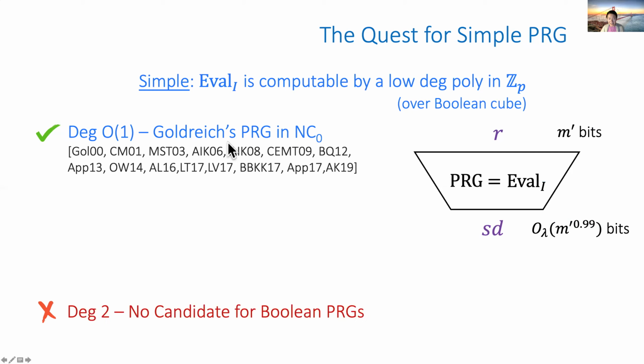On the other extreme, we know that we cannot have linear PRGs, and in addition, we also don't have any good candidates for degree 2 PRGs. This is a bummer because we know that partially hiding FE can only evaluate quadratic functions over the secret inputs. So our remaining hope is whether we can have a degree 2.5 PRG.